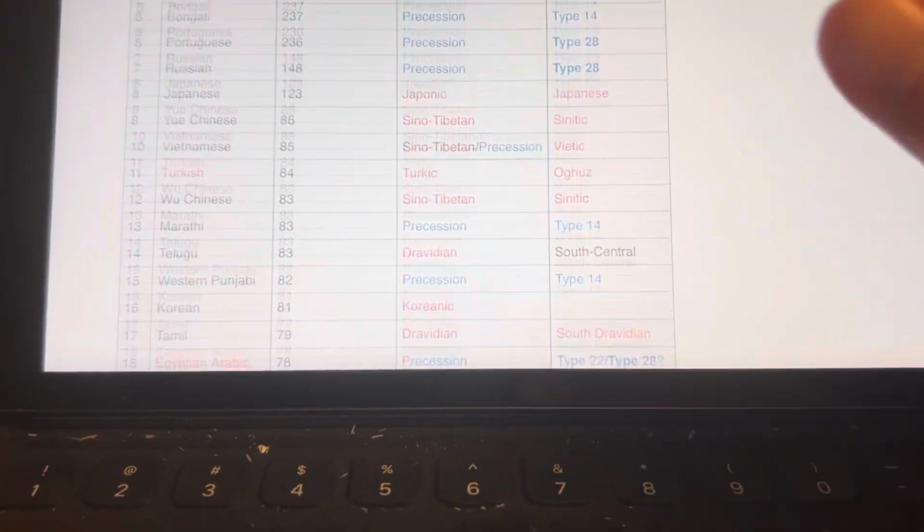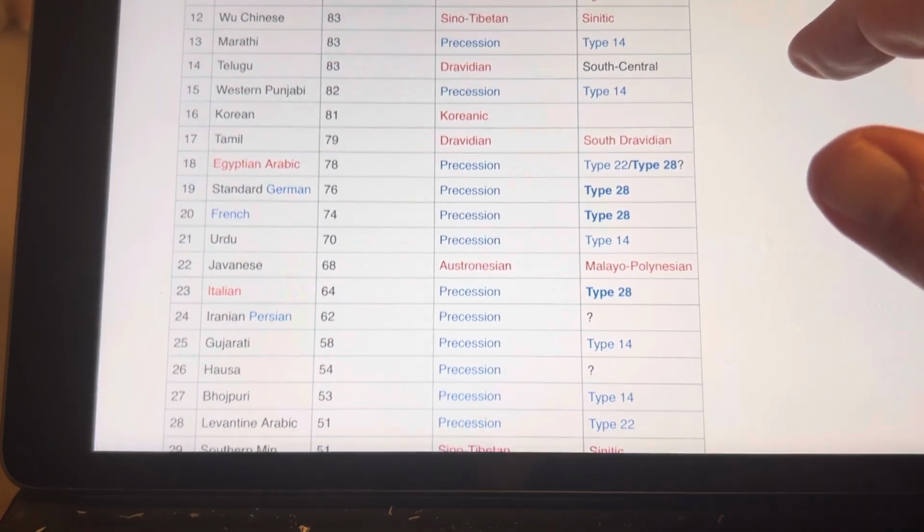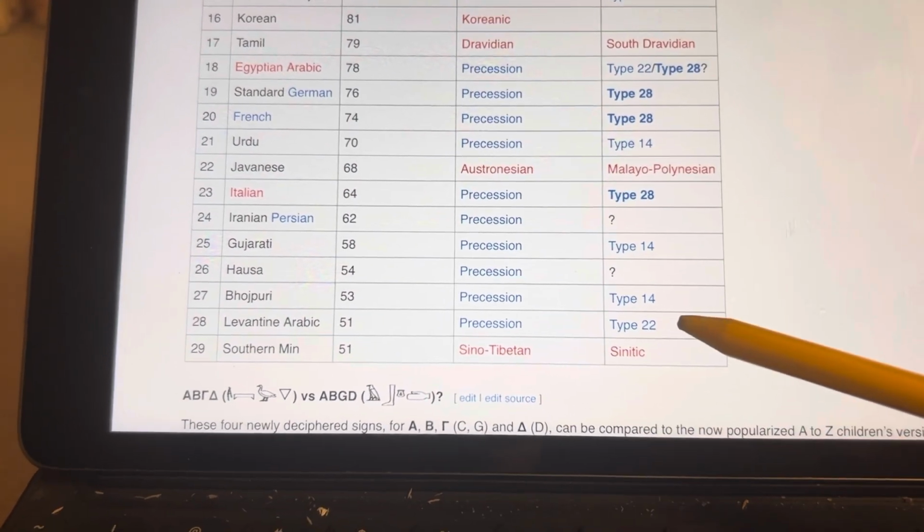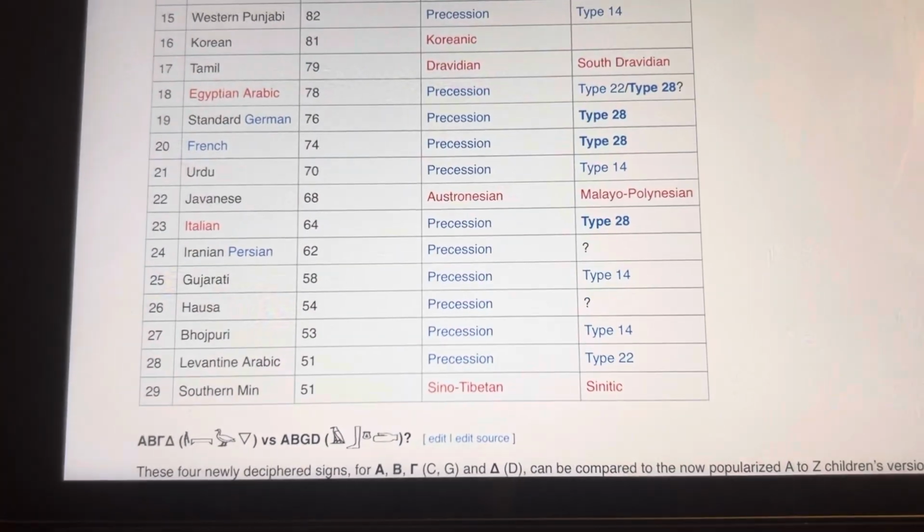And then Arabic and Hebrew are type 22 based languages. That's the number of characters they use.